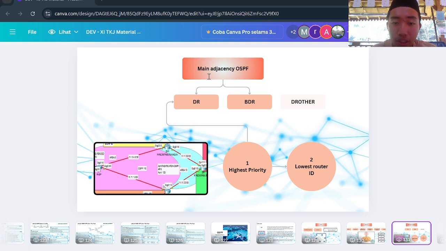So the solution is DR and BDR. DR is the main hub for LSDB exchange, and BDR is the backup if the DR fails. Other routers form adjacency only with DR and BDR. So how is the DR chosen? Based on OSPF priority. The default is 1, configurable from 0 to 255. If the priority ties, the router with the highest router ID will be chosen.